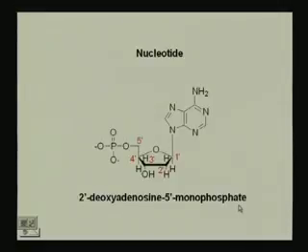Okay? Just writing it as dAMP, you know that this is the structure. The d signifying no OH here, the A signifying this, and the MP signifying the monophosphate. Okay? So, each of these, the dAMP, you know exactly how you have to write it. Even for the dCMP or the dAMP, ATP, whatever, you know how to write it.